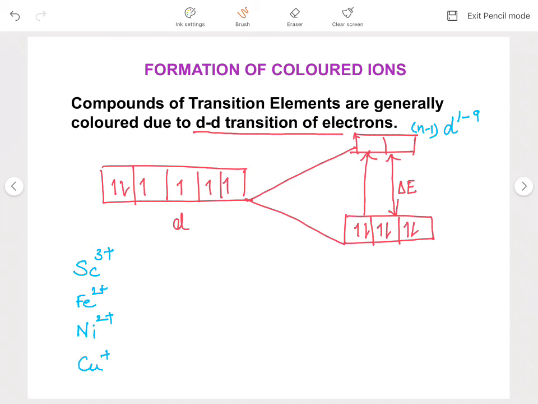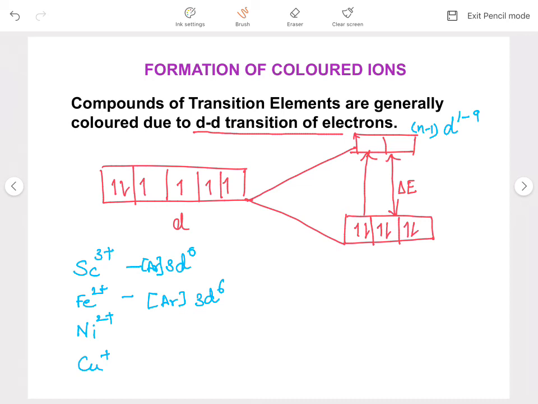So for scandium the atomic number is 21, that is configuration is argon 3d1 4s2. For 3 plus ion it becomes argon 3d0. For Fe2 plus, iron we have 3d6 4s2, so for Fe2 plus we have argon 3d6.